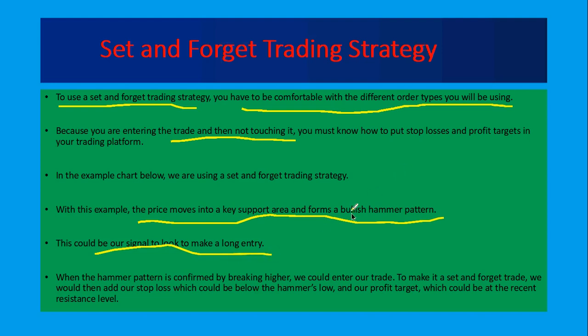Once you see the bullish hammer pattern, for those who are new and for those who just started, we were looking at the type of things that we use in trading, the type of language that we use. Bullish simply means it is a pattern formed by buyers. When buyers are in control in the market, they will make a certain pattern called the bullish hammer pattern.